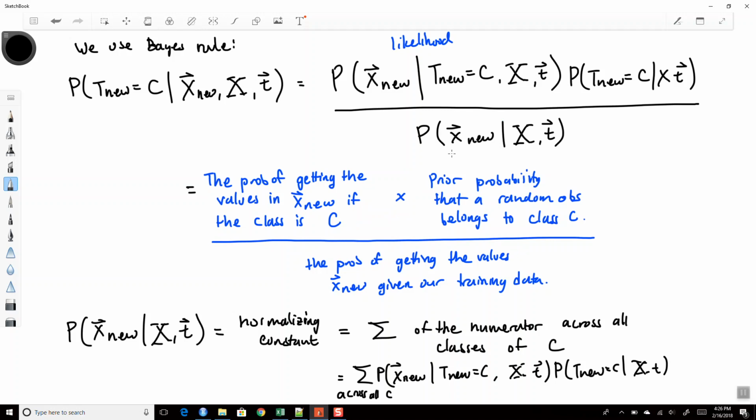All right, so let's start off with the easy thing. Well, I don't know if this is easy, but let's look at the prior term. Sorry, I should label this. This is the likelihood, over here this is the prior, and down here this is our marginal.